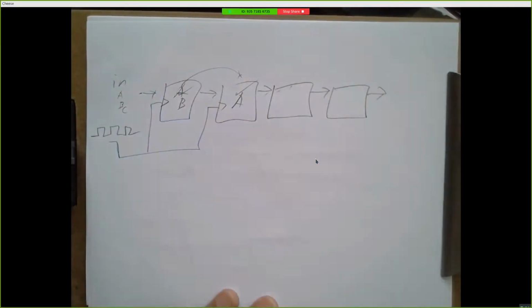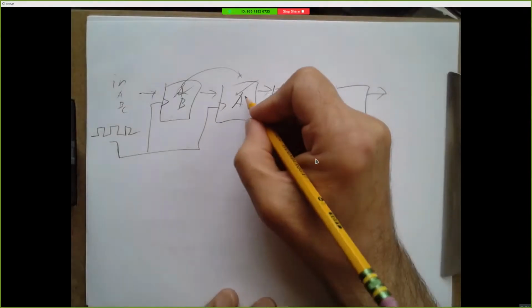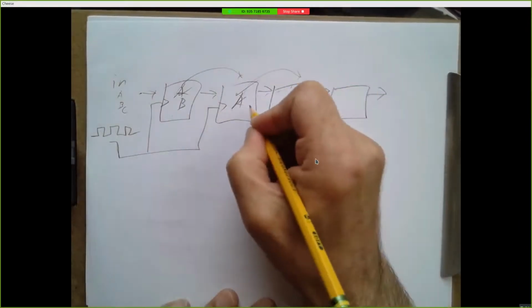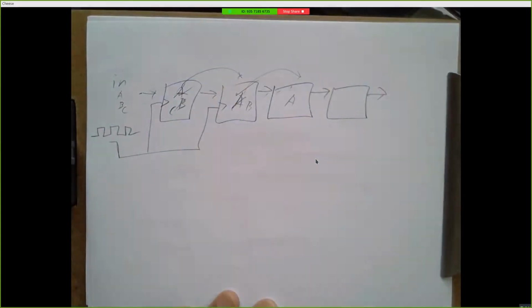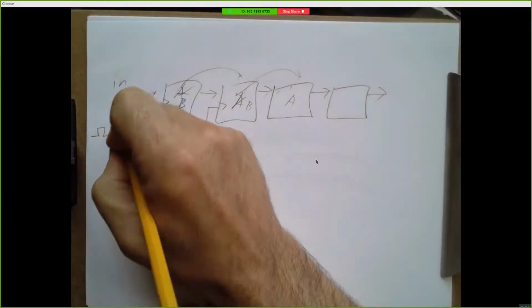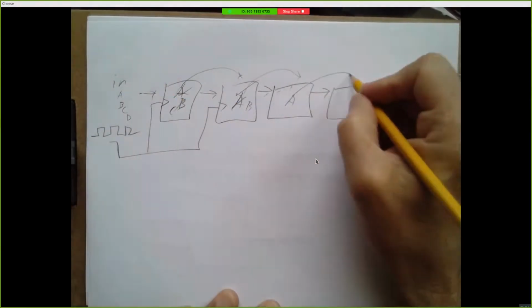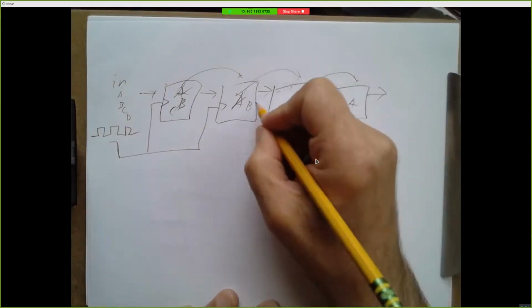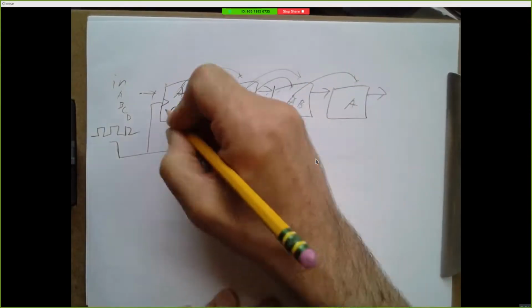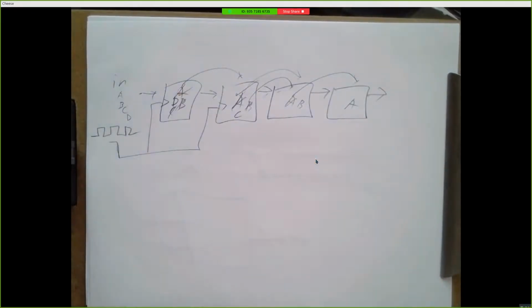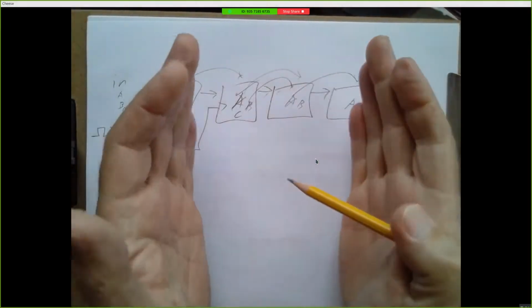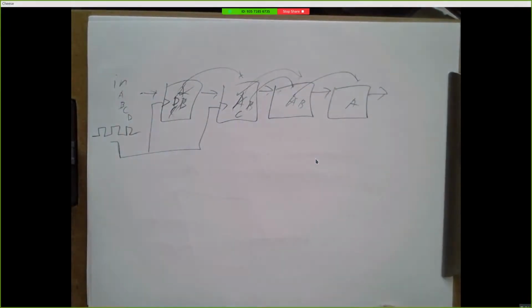The third tick, let's say your input is C, A is going to get copied into here, B is going to get copied into here, and your input C is going to go into here. And your fourth input D on the fourth clock tick, A is going to shift over to this last stage, B is going to shift into here, C is going to shift into here, and D is going to get loaded into here. So each time the clock ticks, the contents of the shift register are moving over 1 bit.